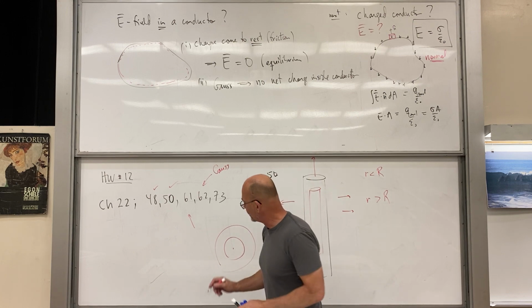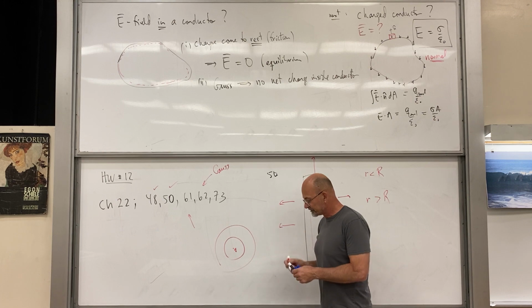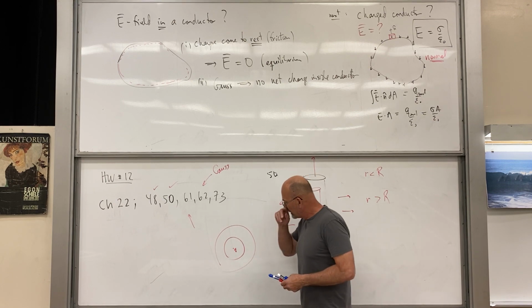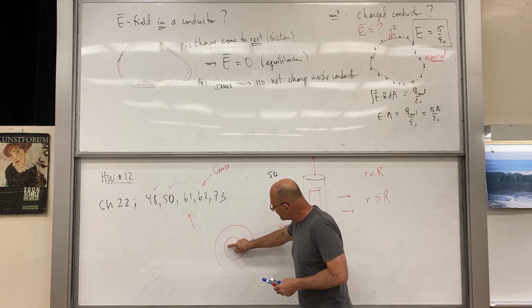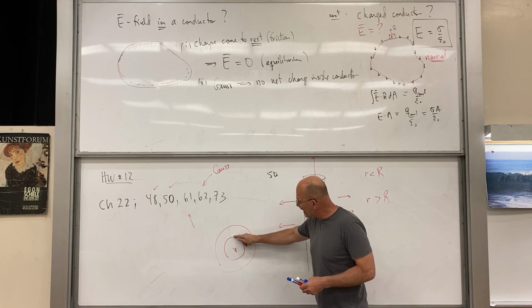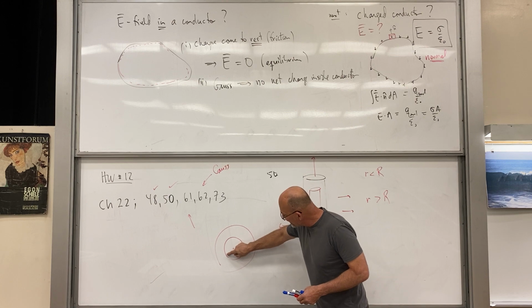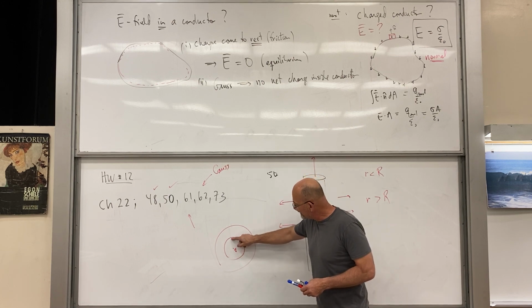Or they just say Q, doesn't matter. Point charge right at the center. And then you're going to use Gauss's law to find out what happens all the way out to this radius, on the other side, and basically you're going to find out what the surface charge densities are at these interfaces here.